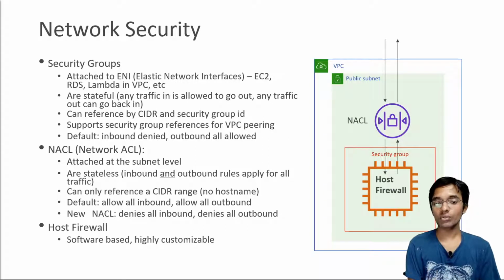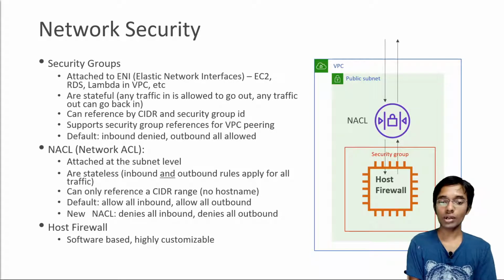Now next we have the network ACL, for short called the NACL, and that sits at the subnet level. Network ACLs are helpful as a line of defense before the traffic reaches your instance and your security group.